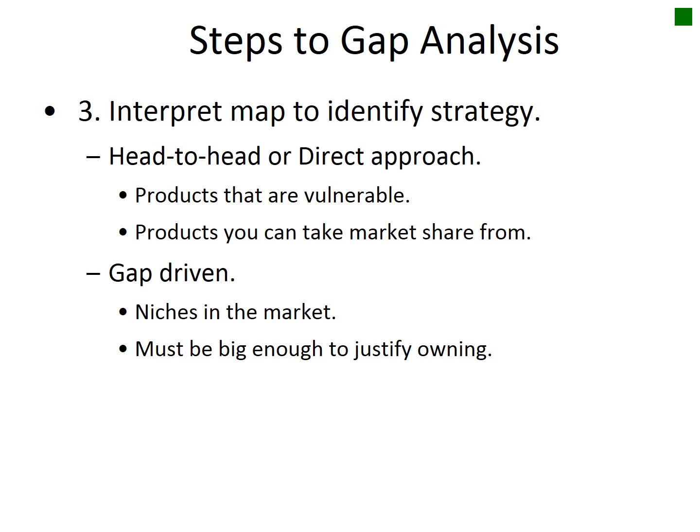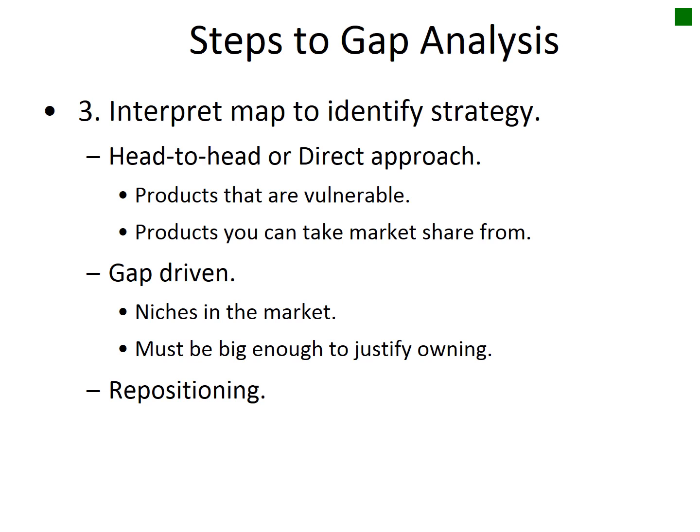So it might be that we have enough space on the map that we call ourselves in a gap that hasn't been served yet, but we do need to make sure that there's enough scale and enough size and enough consumers so that when we enter that area, they'll come to us and we'll be able to make a profit and have enough volume for it all to make sense.